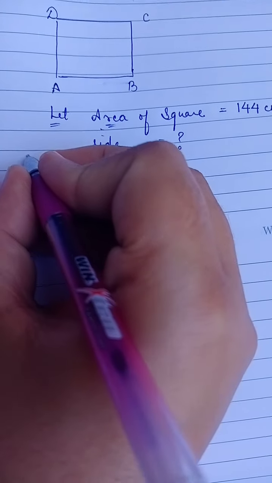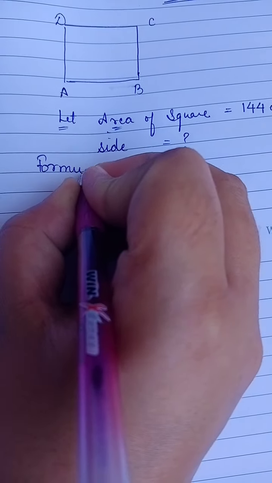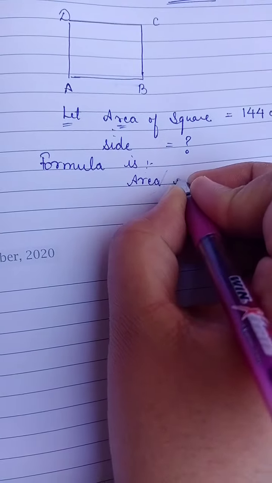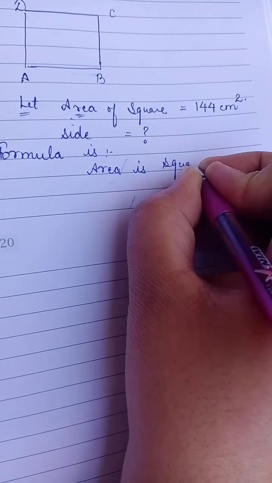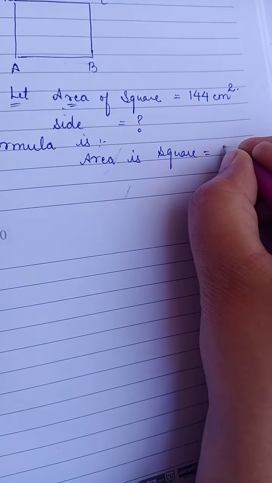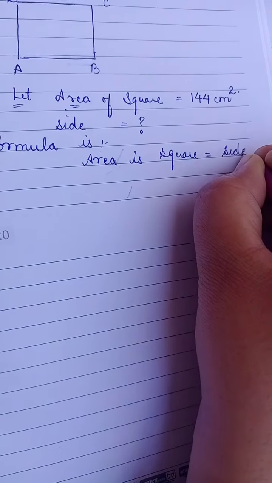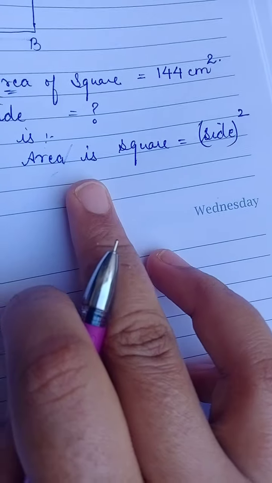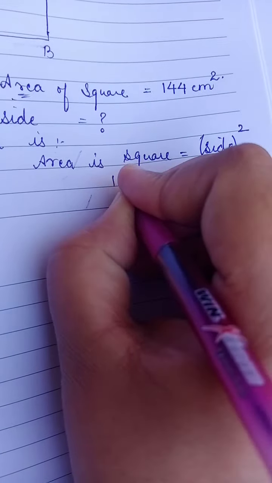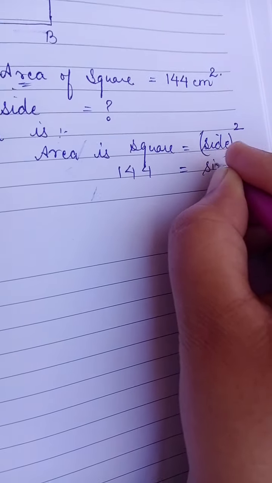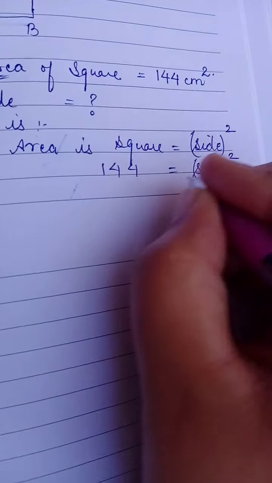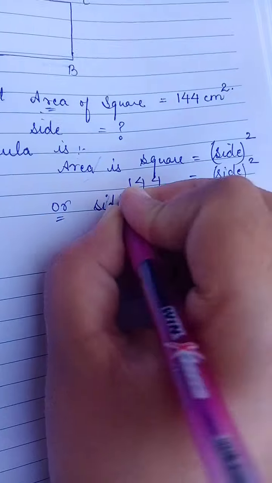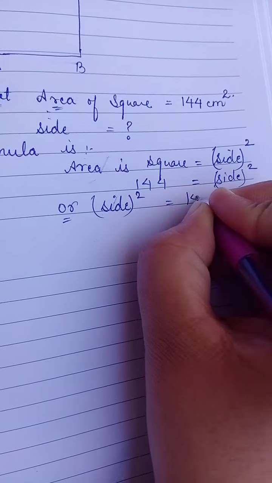Area of square equals side squared. So here the area is 144, which equals side squared. You can also write it as side squared equals 144.